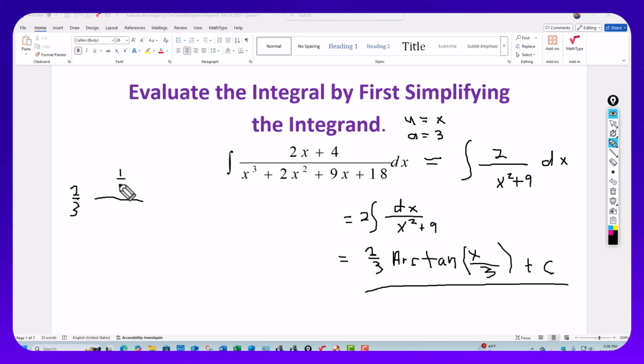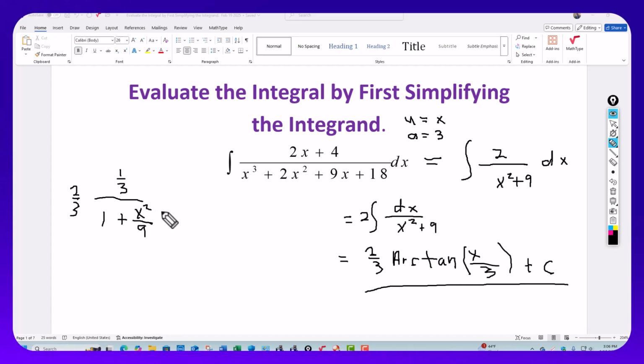I'll just put this up here. And then for the denominator, it's going to be 1 plus u squared. So 1 plus u squared, that's x over 3 squared. So that'd be x squared over 9.